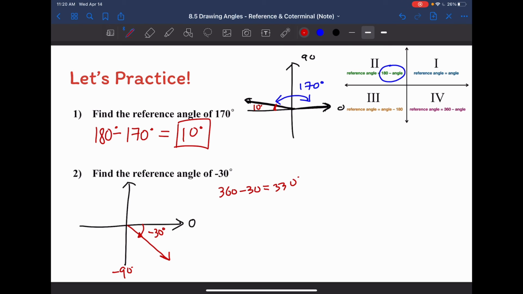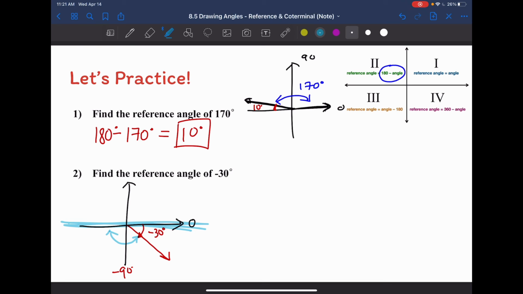It's not acute anymore. So whenever you have a negative angle, you have to use common sense. Just treat the fourth quadrant like the first quadrant. Look at the x-axis, which is this, right? See, this part is way bigger than 30 degrees. So your reference angle in this case will be just 30 degrees, just like the first quadrant.